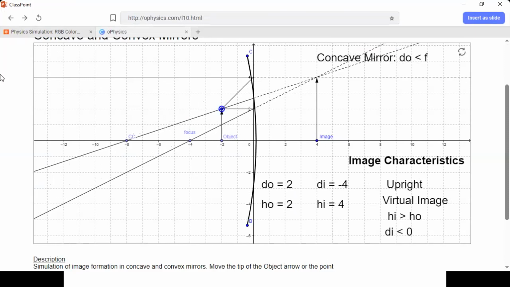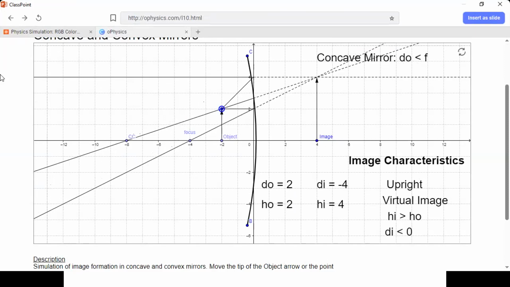These two never intersect in front of the mirror. So what I do, I extend these two reflected rays. Yes, I extend this one, I extend the second one. They intersect at one point. You remember the plane mirror? The image is created behind the mirror.